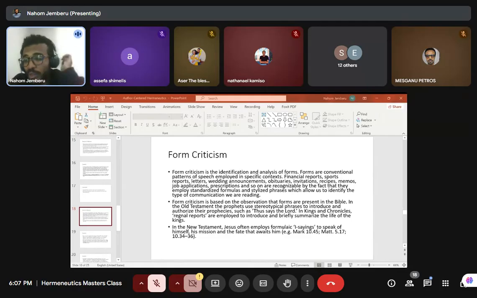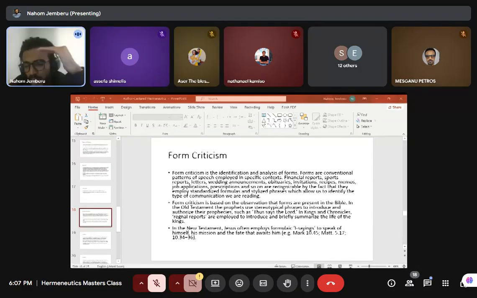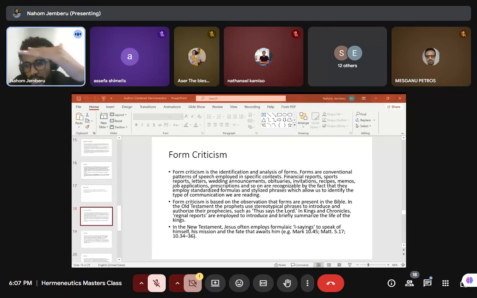So you can see that there is actually a literary pattern in emails. The same is true, for example, if you think about wedding invitations in Ethiopia. When you think of wedding invitations, you expect a verse from the scriptures to come at first, right?